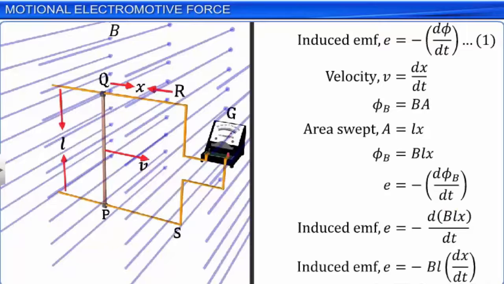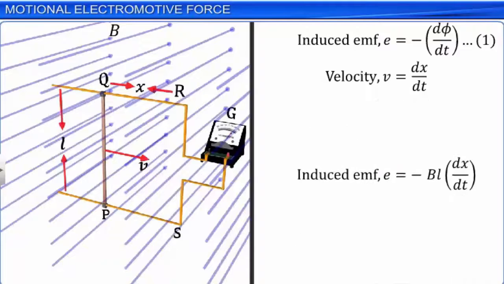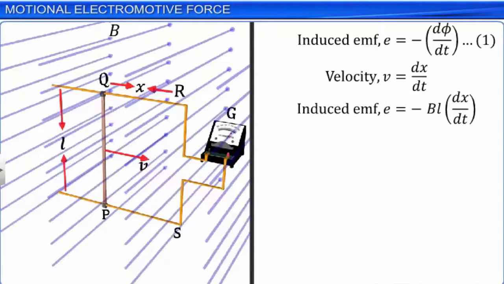As dx by dt represents the velocity v of the conductor PQ, we can write the electromotive force E is equal to minus BLv. Let this be equation 2.